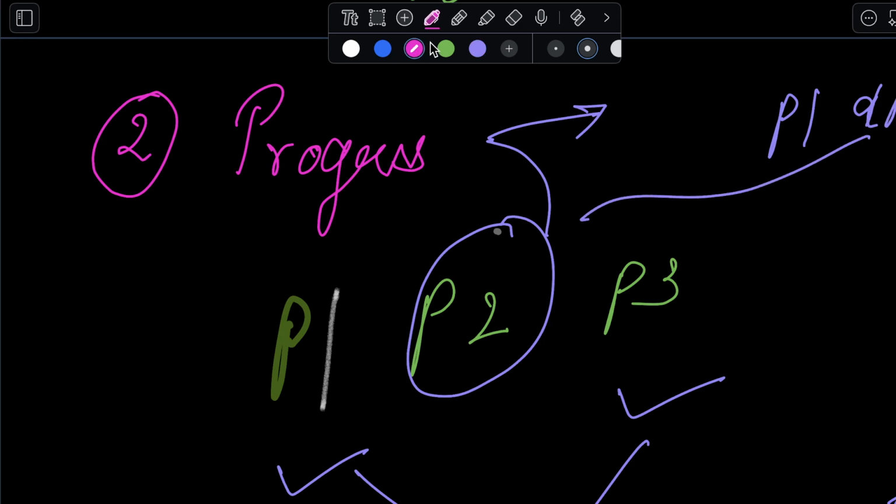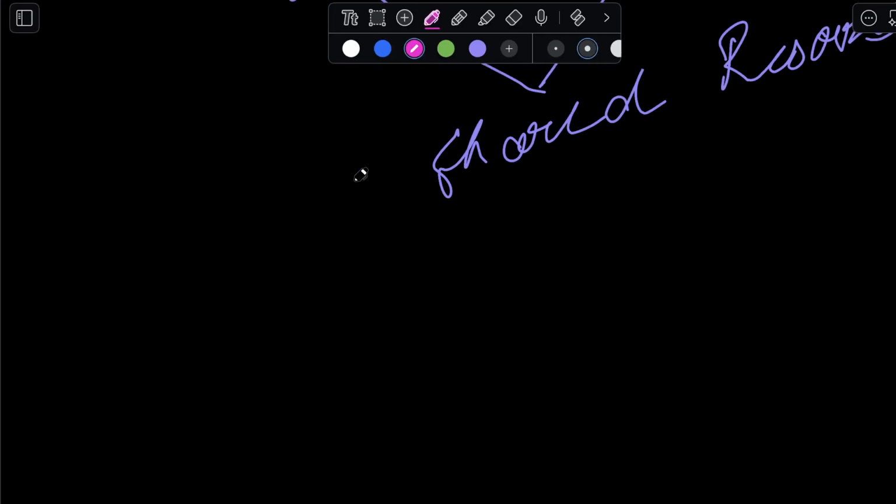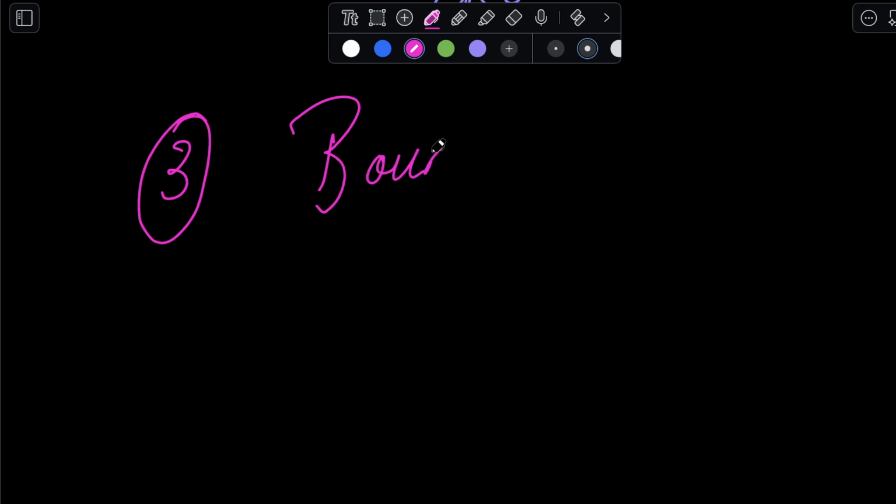The third and final condition that we have here is bounded wait, right? Now what does bounded wait mean?